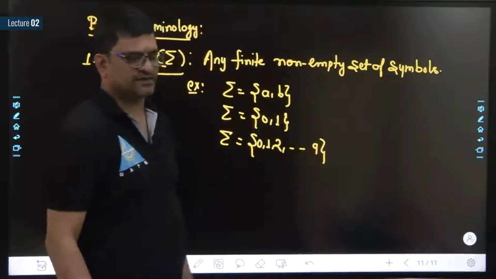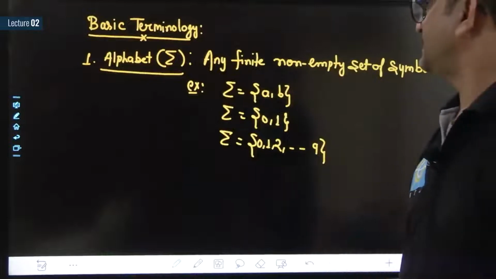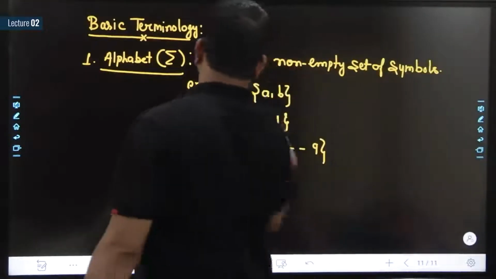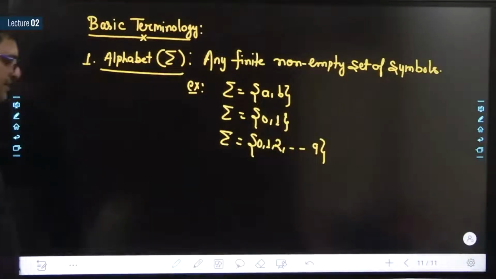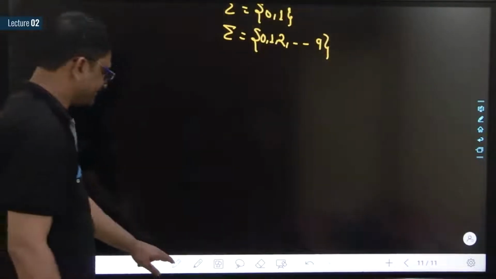Any finite non-empty set of symbols is known as alphabet.